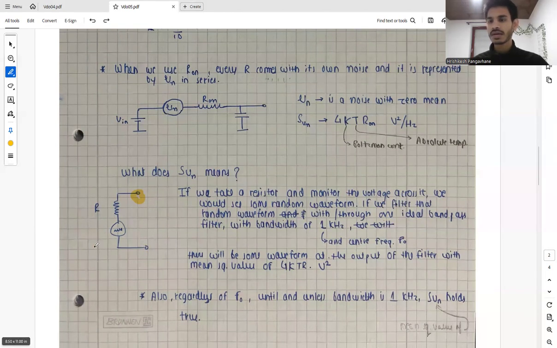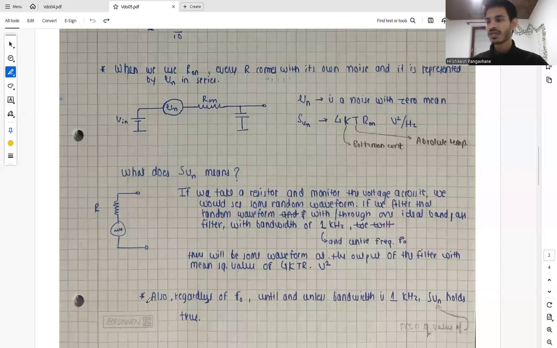Then we take a band pass filter whose center frequency is f naught, with a bandwidth of 1 hertz. For that bandwidth and center frequency f naught, there will be an output whose mean squared value will be 4 kTR. That's what spectral density means.